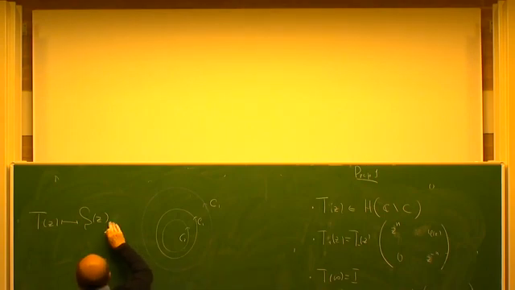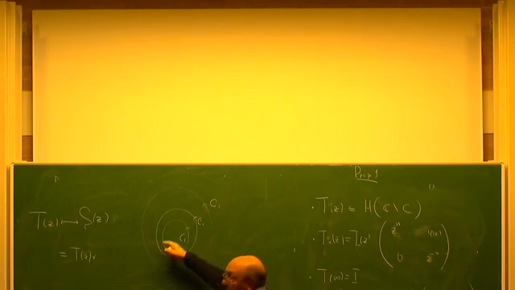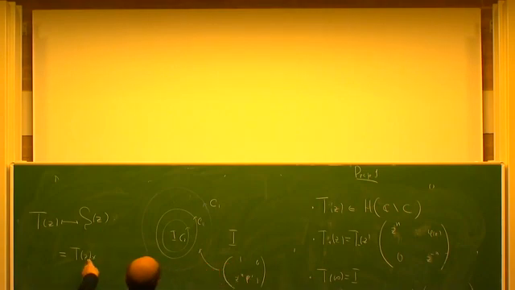Now S is going to be my T of z times something, and it depends on where I am. If I'm here, I have just identity, so S coincides with T there, and the same is true there. But here, when this is C, S is T multiplied by this matrix here.